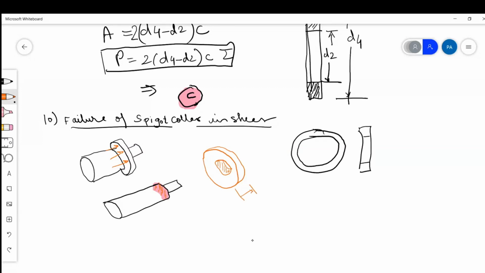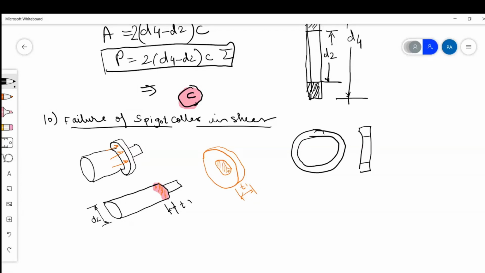So this thickness is T1. And how will we write the area? What is this diameter? This diameter is D2, the diameter of the spigot. So it has failed from the periphery.